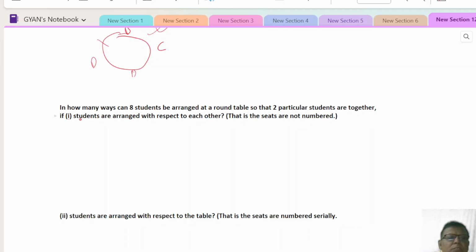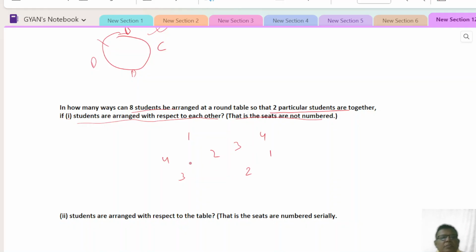Now see this question: in how many ways can 8 students be arranged at a round table so that two particular students are together, seats are with respect to each other, and the seats are not numbered. Seats are not numbered, that means 1, 2, 3, 4 is not different from 4, 1, 2, 3.